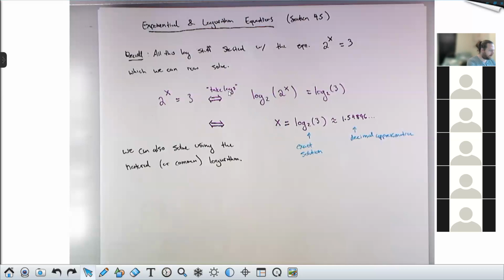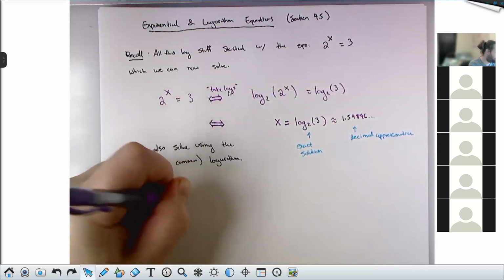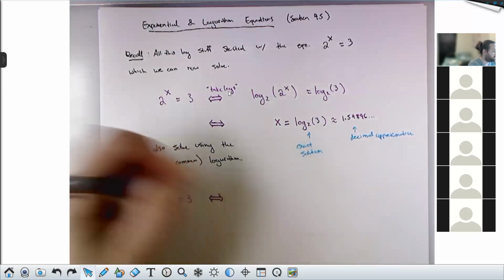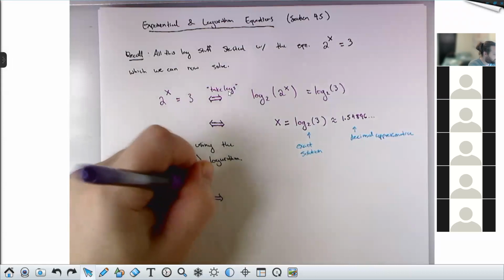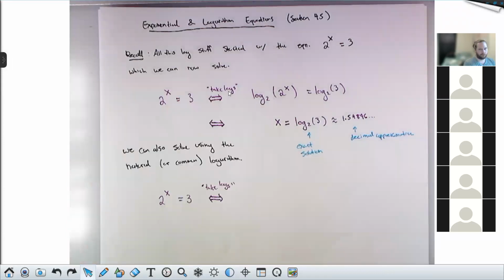But watch what happens when I take the natural log. So again, the first step here is to take logs. That's one of 2 new operations we're going to learn in this section.